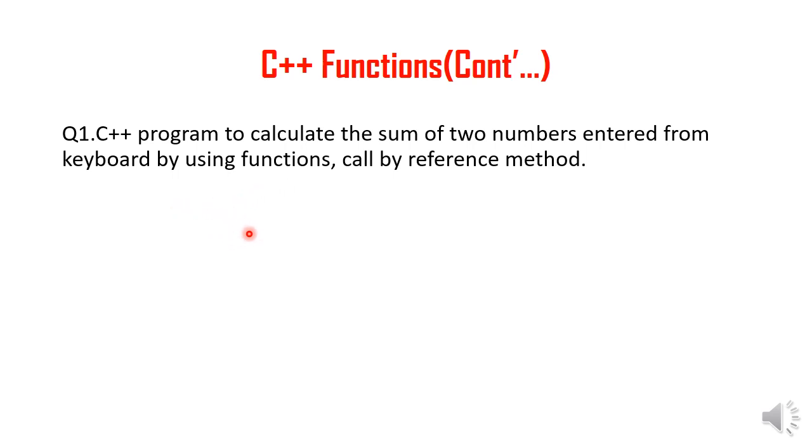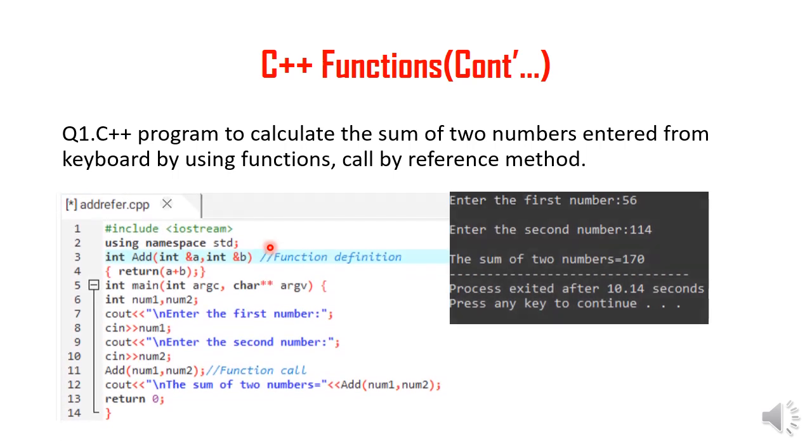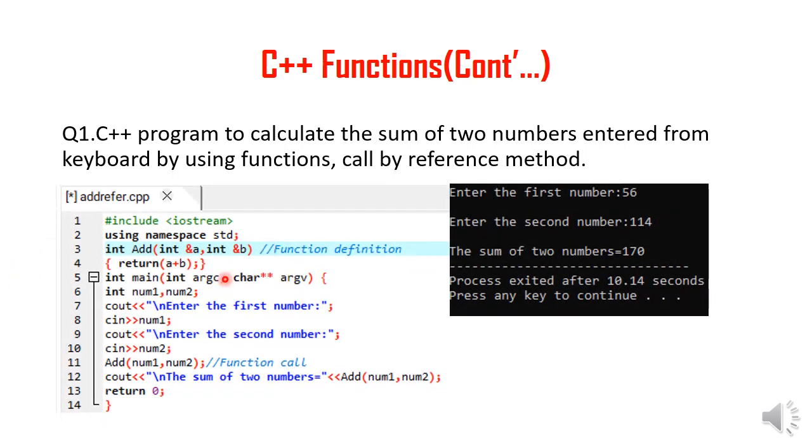As we have seen, the first thing to keep in mind is the C++ syntax to create a function, and also the function call. So here we have the function using the return type, which is int, the function name, which is add, and here we have references.